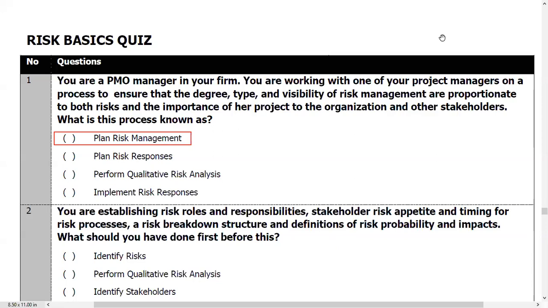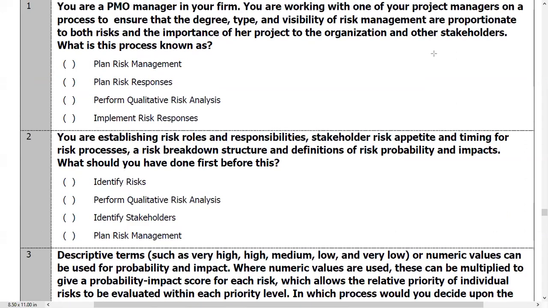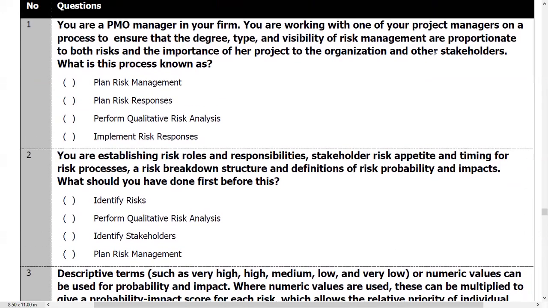What should you have done first before this? And let's see all the options that are available to us. So we have identify risks, we have perform qualitative risk analysis, we have identify stakeholders, we have plan risk management. I'll give you a minute.